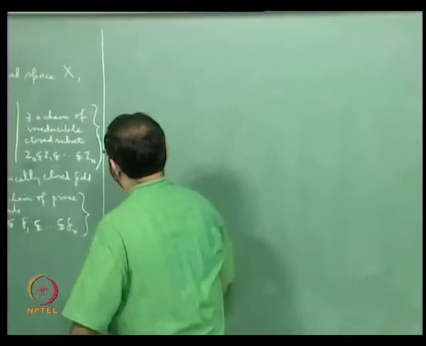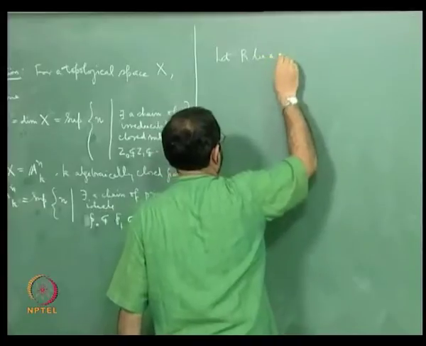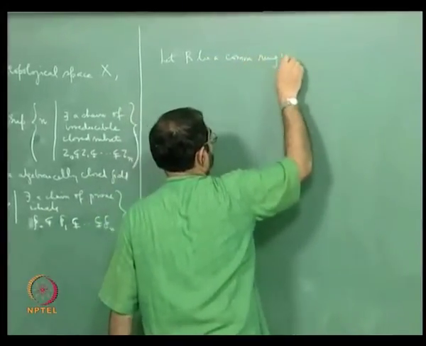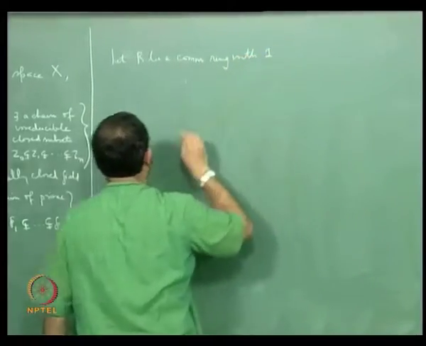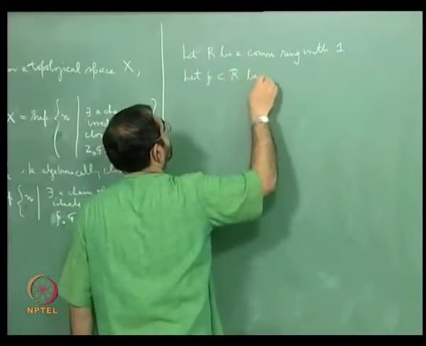Let R be a commutative ring with 1. Let P in R be a prime ideal.